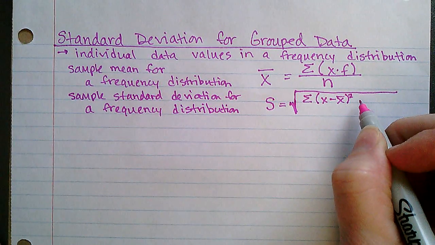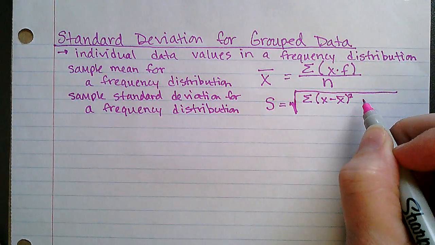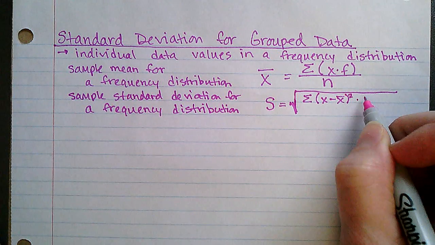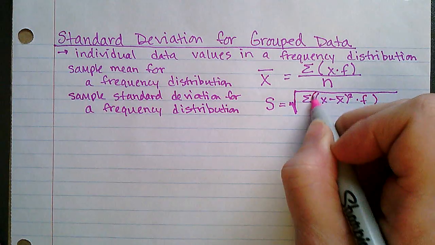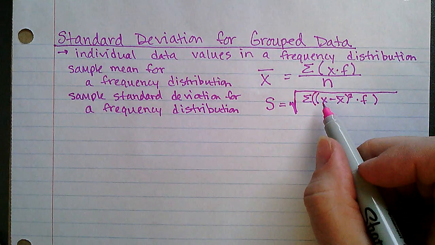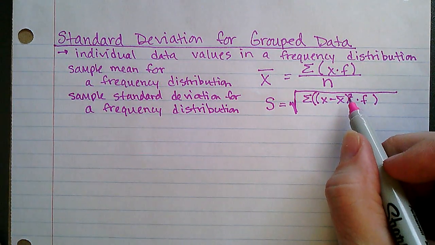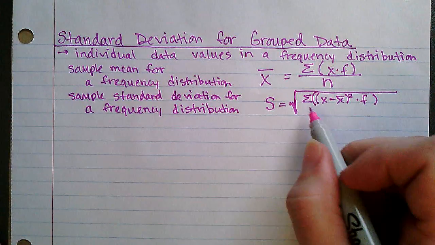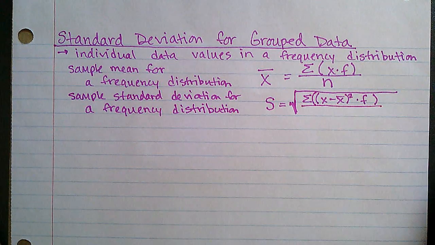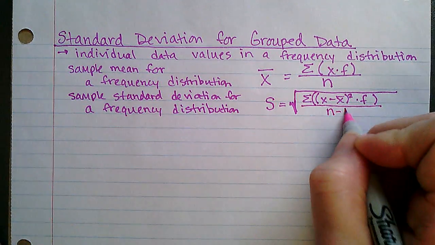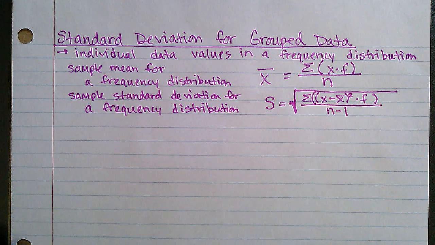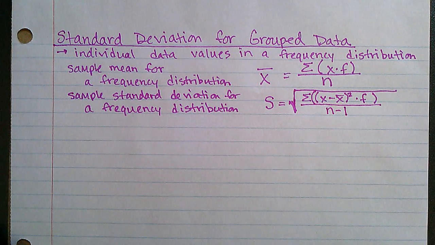Then we're going to multiply that by the frequency, and that's what we're going to add up. So we take the data value minus the mean, square that, multiply it by the frequency, add up all those numbers, and then divide by n minus 1, since we're using sample data. And then it's the square root of all of that.